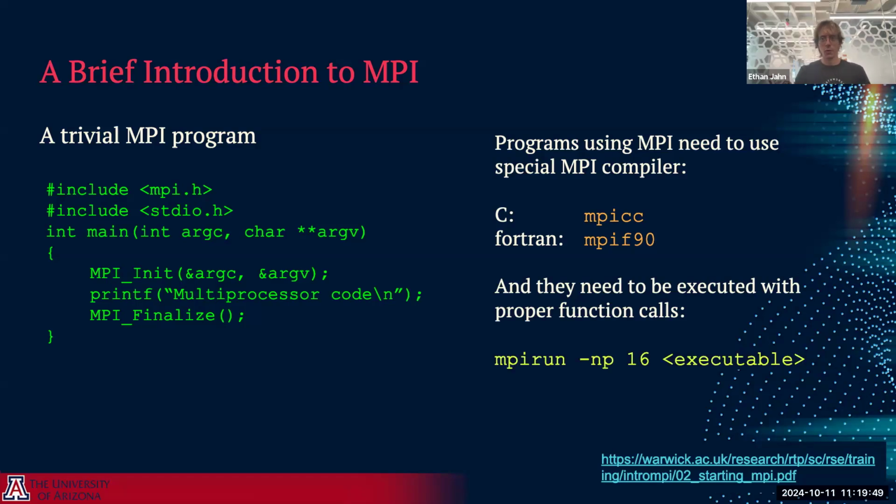So if you're running a program that implements MPI, rather than simply calling the executable directly, you'll need to pass a line of code that looks something like this, where you've invoked mpirun and passed a certain number of processors to it. So -np, number of processors, and 16, that number could be whatever number of processes you have in your job. And then the executable is called.